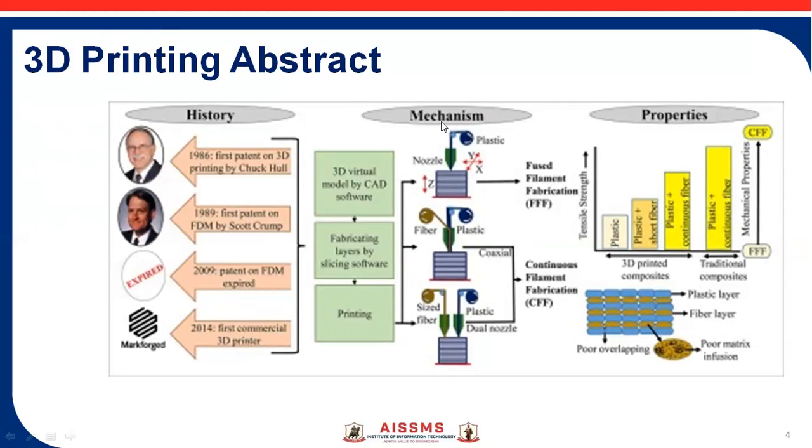So here we can see how the mechanism of 3D printing occurs and on which material, and various factors like tensile strength, and how 3D printing technology happens.